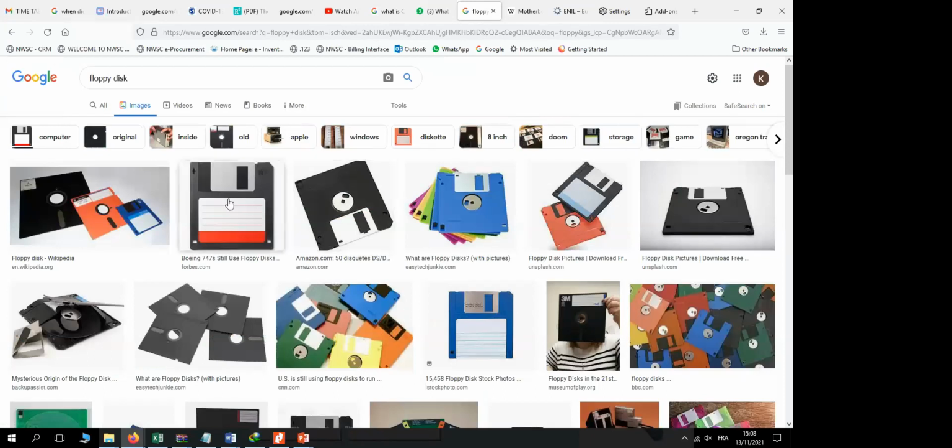These are pictures of floppy disks. They could be different in colors, but the image is the same regardless of the color. This is one face and this is the other face. It has two sides, both the front face and the back face of a floppy disk.